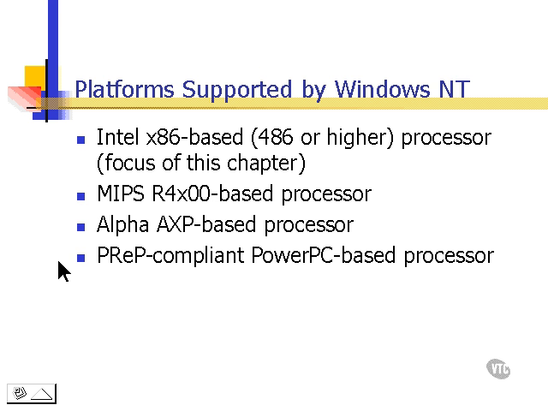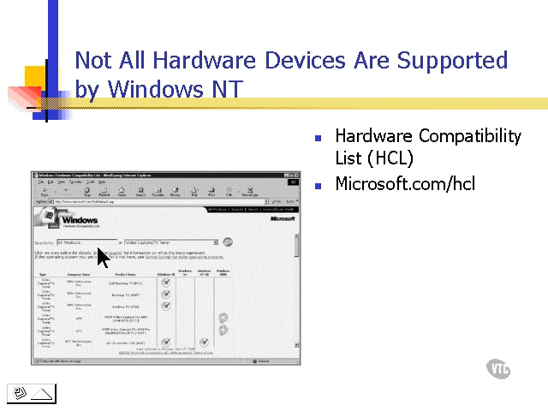Where Windows NT is not flexible is that there is a specific list of devices that will work on Windows NT. This specific list is contained in the hardware compatibility list. And the hardware compatibility list can be found at Microsoft.com/HCL.